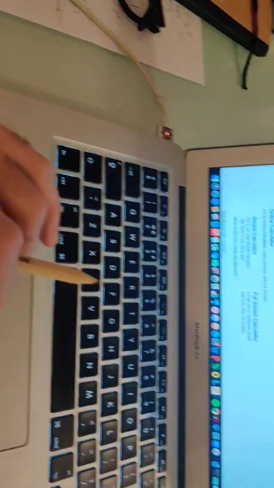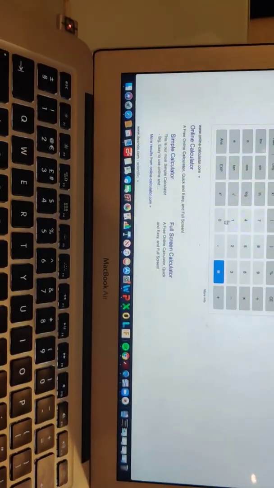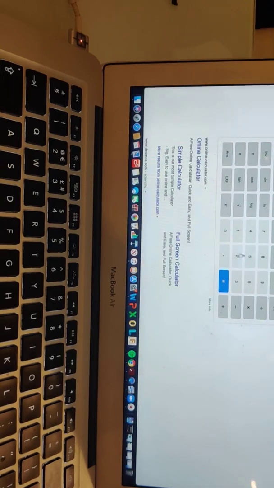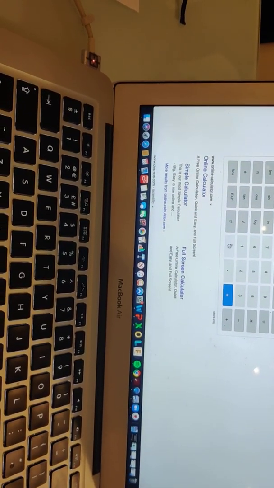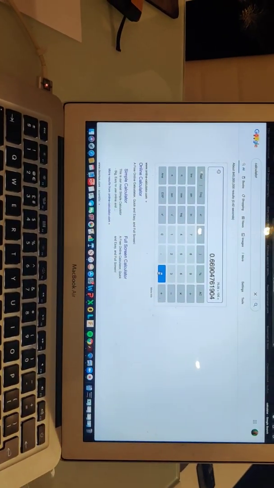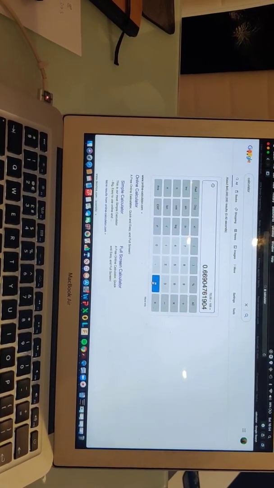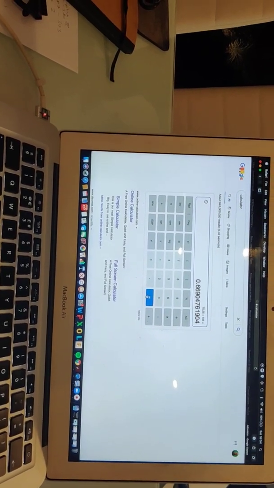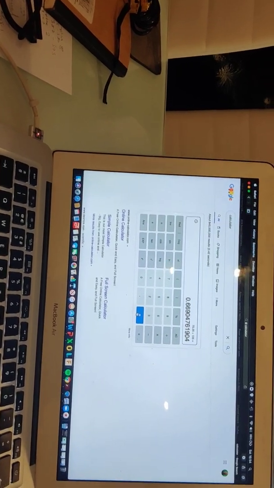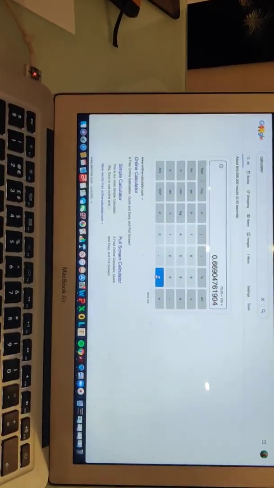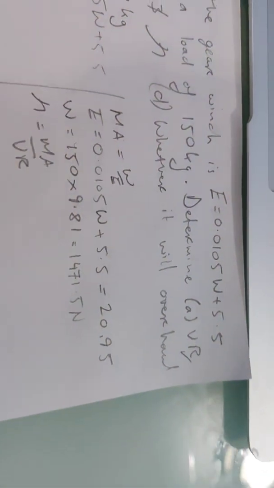So if I put that information into my calculator, 70.25 divided by 105 equals 0.669, and if I multiply that by 100, my efficiency is equal to 66.9%. This is important because the last question was whether it will overhaul or not.